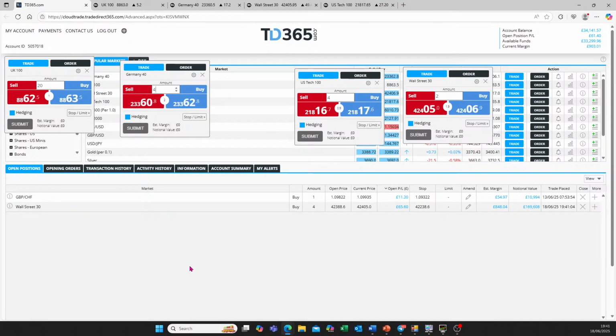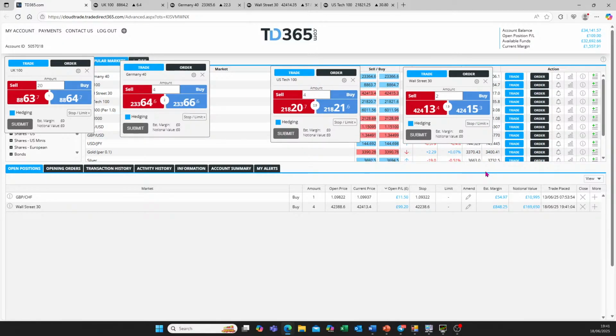So far it's just the Dow that has been filled. Nasdaq filled.